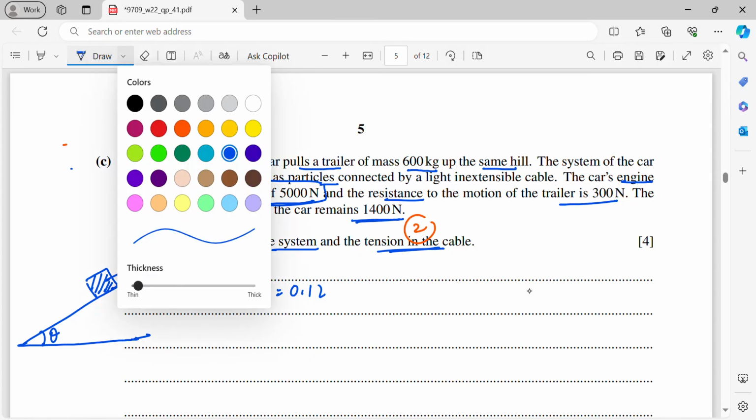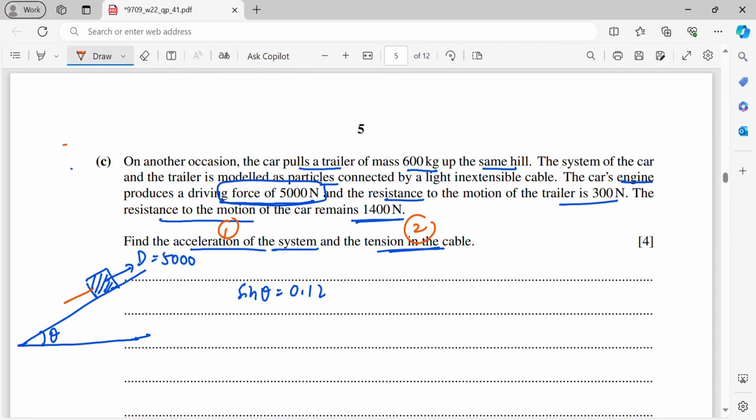Then here you will assume that it is a light inextensible cable. After that, here you will have the trailer. The trailer is 600 kilograms, so the weight is 600 g. The car remains as 1250 g.